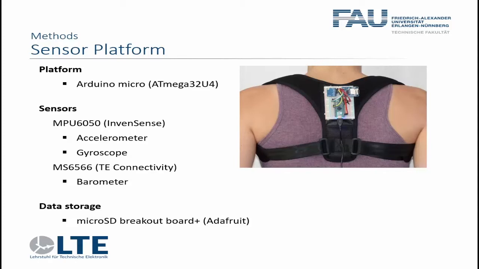And finally, a micro SD board for storing the data and then doing all the classification analysis offline to be able to compare different algorithms, different parameter setups, with always the same data.